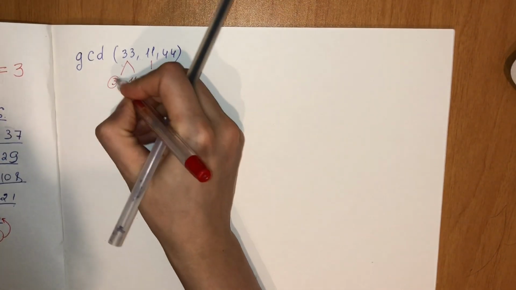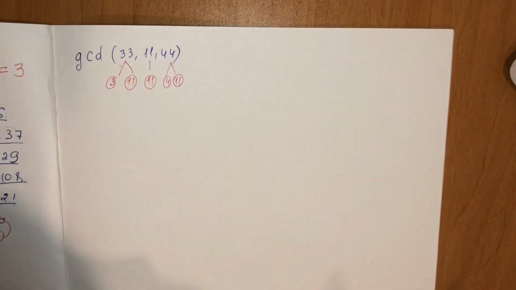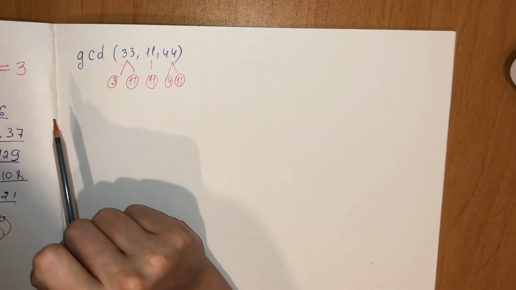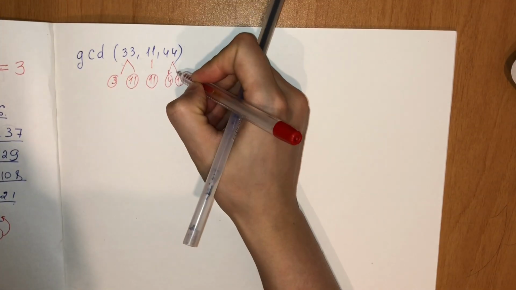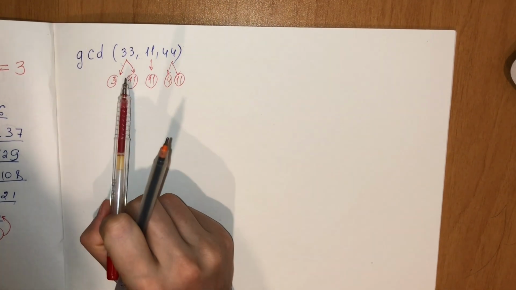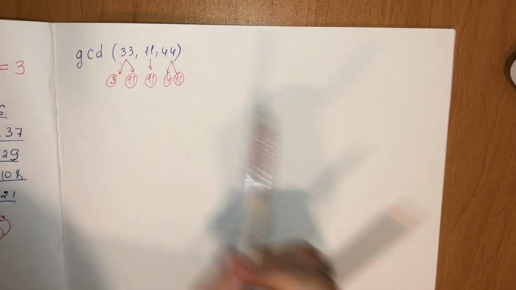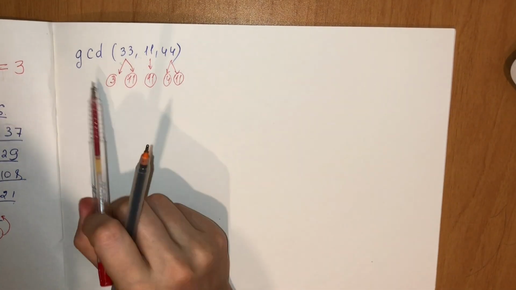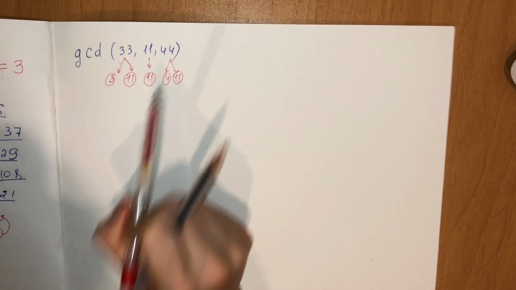So let's find the greatest common divisor. We should find the numbers which take part in all 3 prime factorizations of these numbers. So look, 3 is not here, also not here.